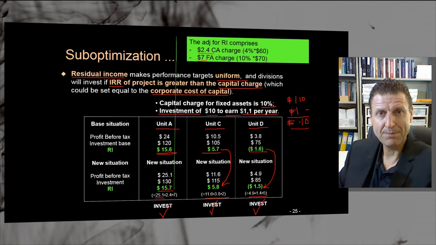Okay, if you can have some measure that forces them to make the same decision that you would make in the scenario when you did not delegate that authority. So there we have a great example of how residual income triumphs over return on investment as an accountability device to make divisional managers, no matter what their performance, to make the same decision that is consistent with the head office.